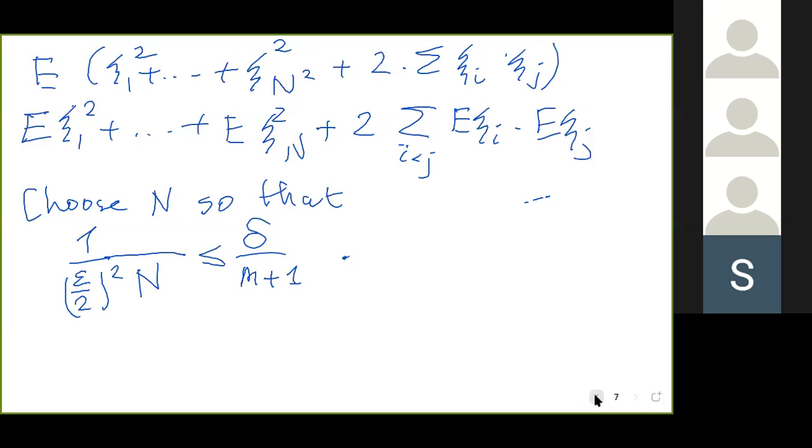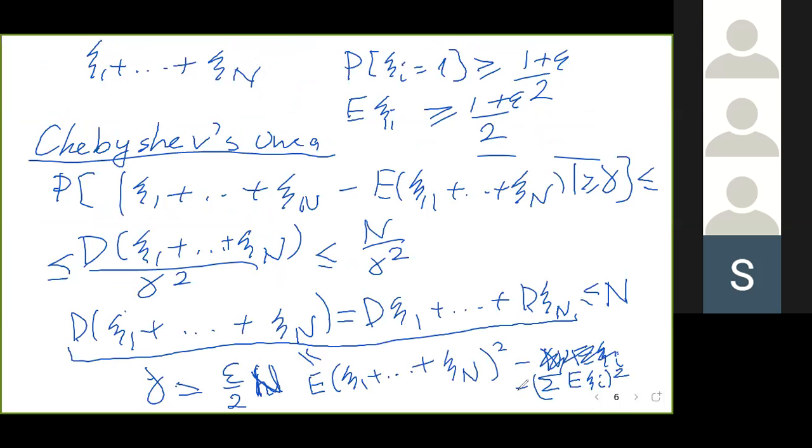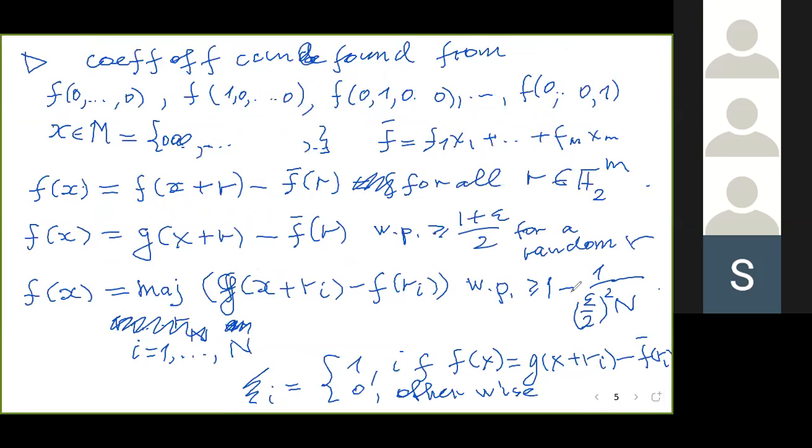And now let's go back to our algorithm. Now we have understood how many R's we need, but still we have a very difficult problem. To perform the majority vote, we need to know bar F, the linear part of F. But this is unknown to us.